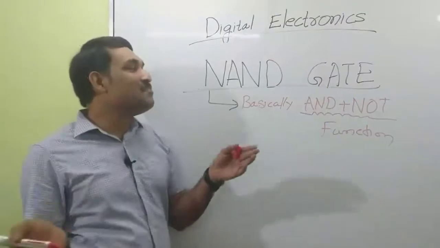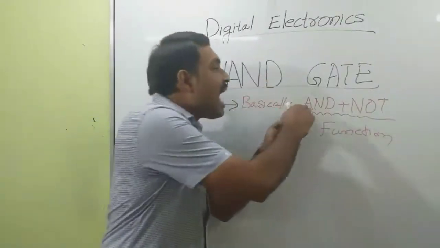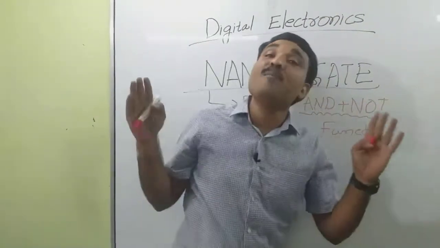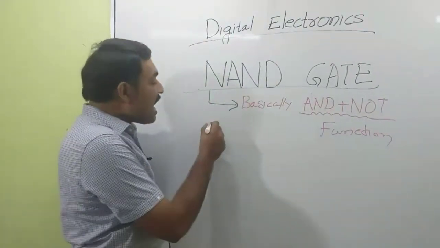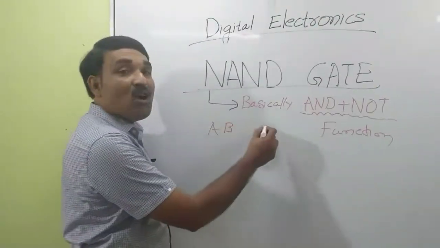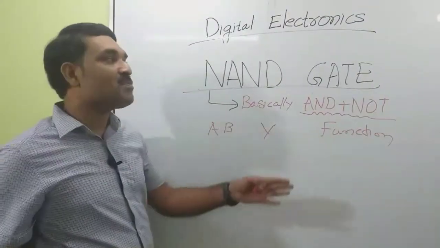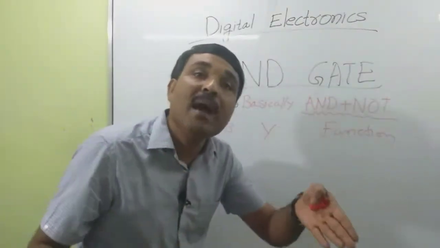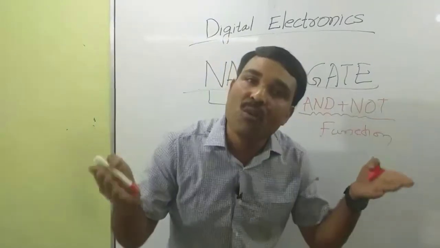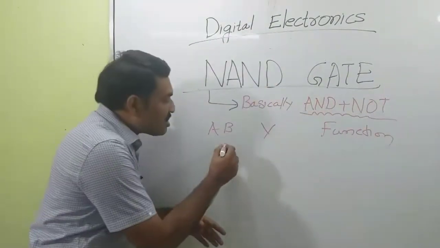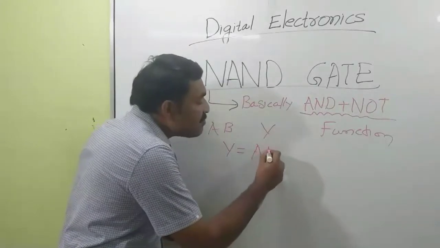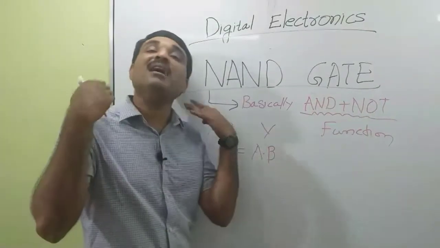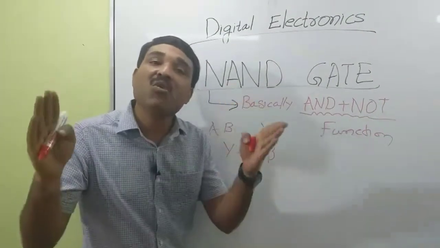A NAND gate basically performs an AND plus NOT operation. So we have two inputs A and B and output is Y. It will first perform AND followed by NOT or inversion operation. We can represent the operation as Y is equal to A and B. A is logically multiplied with B, that is the intersection operation.